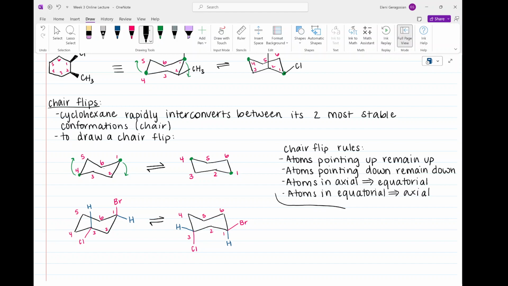And all of this is describing the substituents on the cyclohexane ring. So not the carbons within the ring, but any substituent on those carbons.